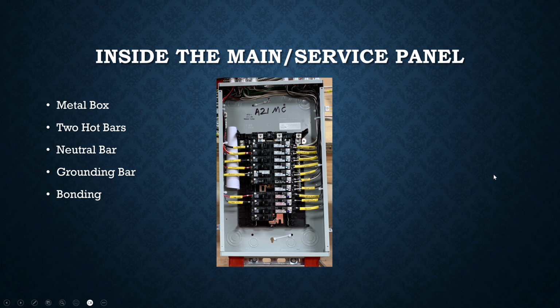Now, inside the main panel or service panel, you're going to have all kinds of things. So the first thing to notice is that it's a big metal box, and that metal box is going to be grounded, of course, so it's safe, as with all other metal parts in the system. All right, so inside the box, if this is the main panel, you're going to have 2 hot bars.